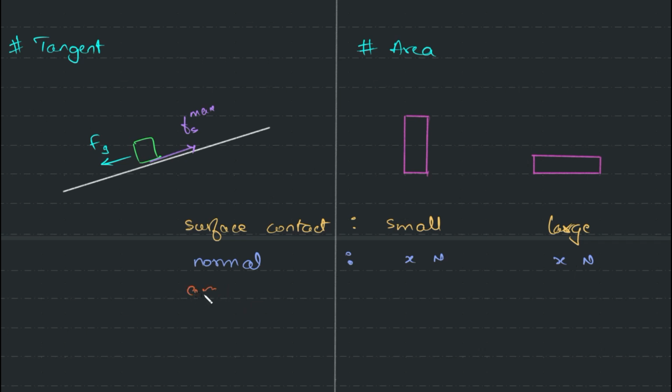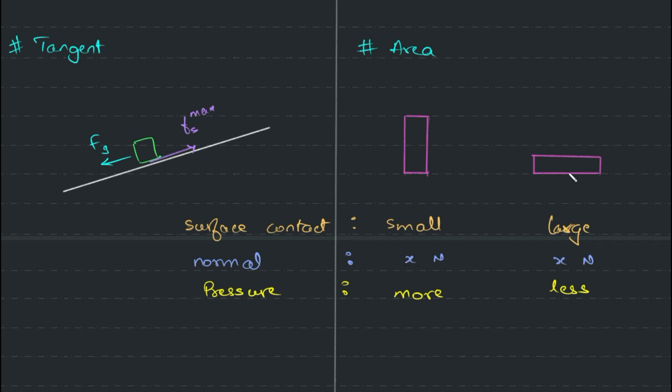Because the surface is less here, the pressure will be more here, and less over there. The amount of interlocking overall will remain the same. Here the interlocking will be very hard, but the space is less.